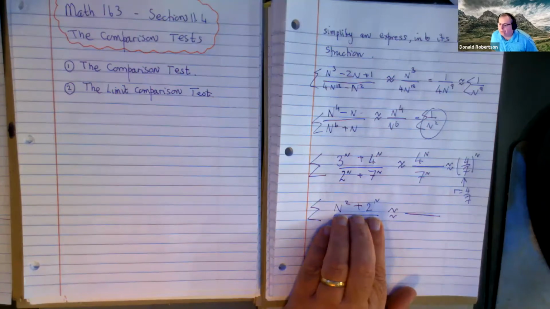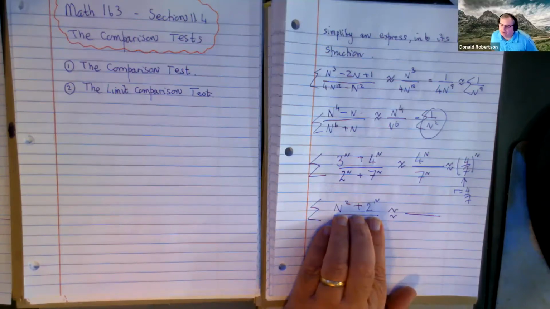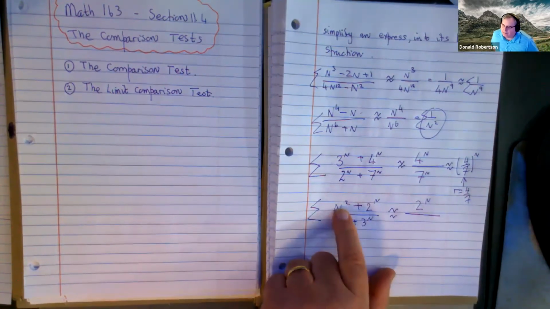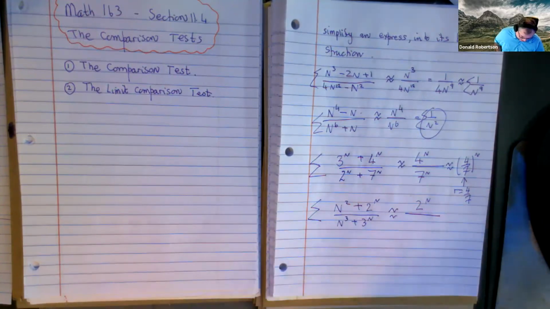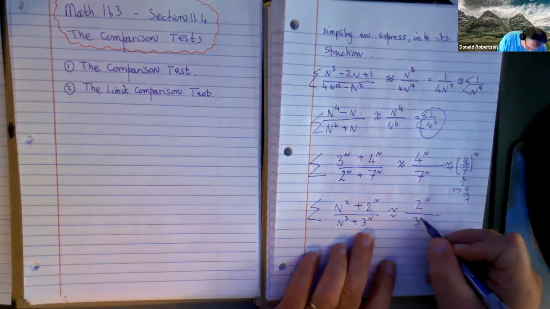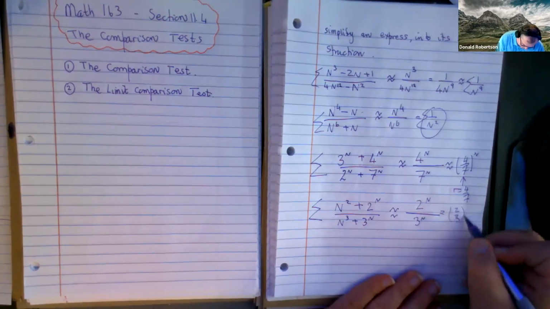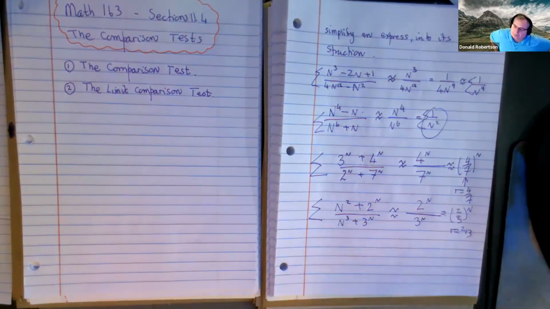Who's bigger? Ten squared is 100. 2 to the power of 10 is 1024. Powers always beat, right? 2 to the n always beats n squared or n cubed, actually any of them. So on the bottom, 3 to the n would win. That can be written like that. I now have a geometric series. Yep, that one converges as well.